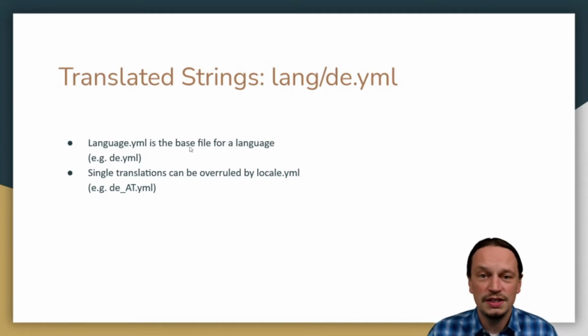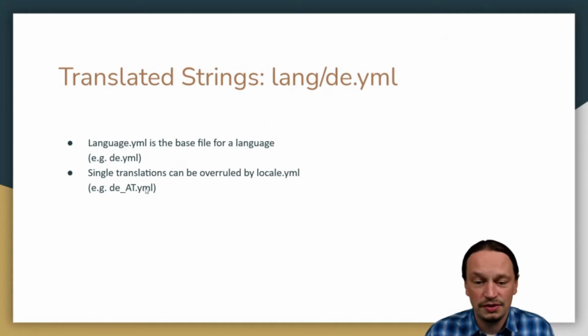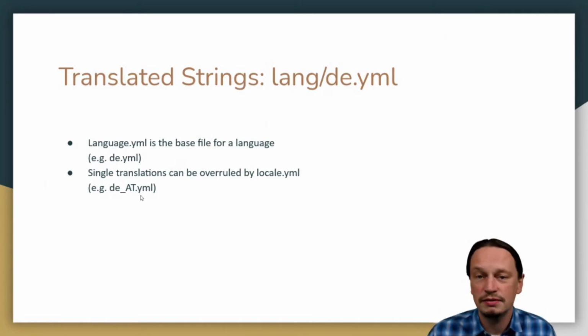But when we need to override something, because on the Austrian locale, we need some of these strings differently, then we can add de_at.yaml, and those overrule the general German language strings then.